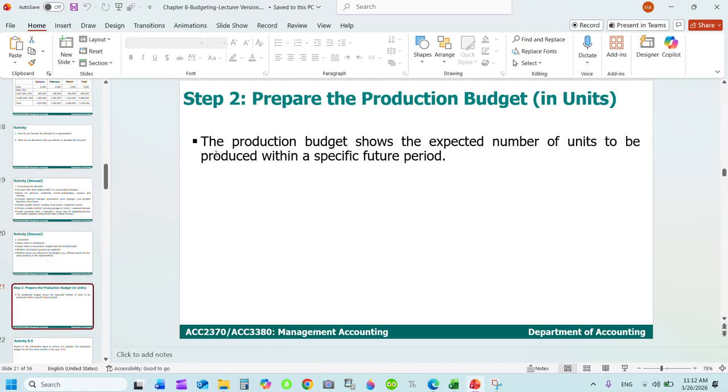So let's see what is production budget. The production budget shows the expected number of units to be produced within a specific future period. Right? You can see the production budget shows the expected number of units to be produced within a specific period of time. Okay.